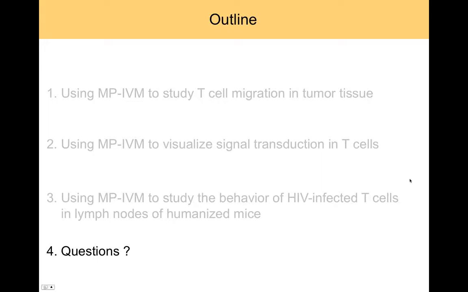So it's an investment not only in terms of purchasing a microscope, but also investing into the infrastructure, the logistics that are involved with doing these kinds of studies in terms of mouse models and so forth. So that determines whether you would want to make this decision or not.